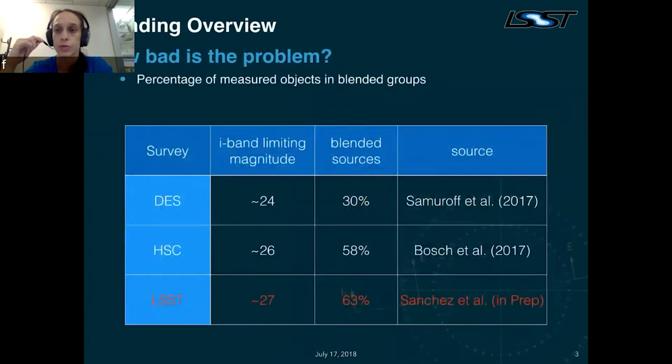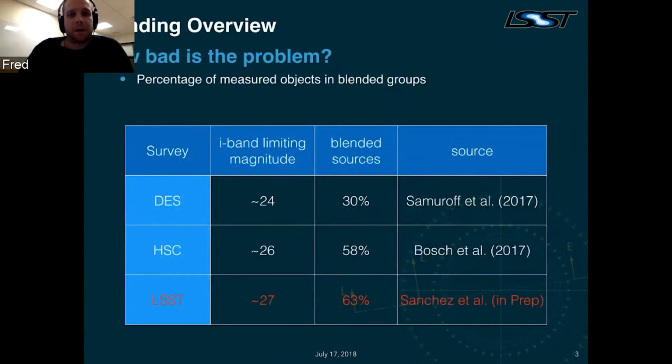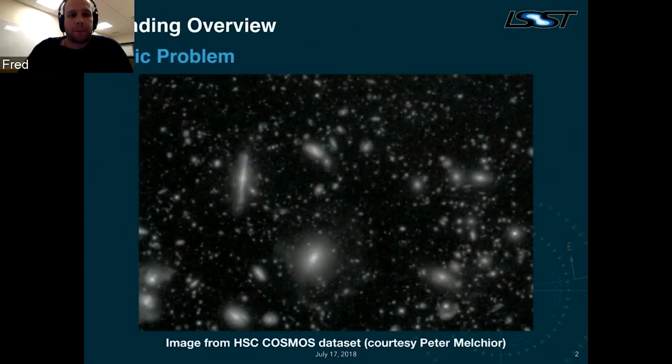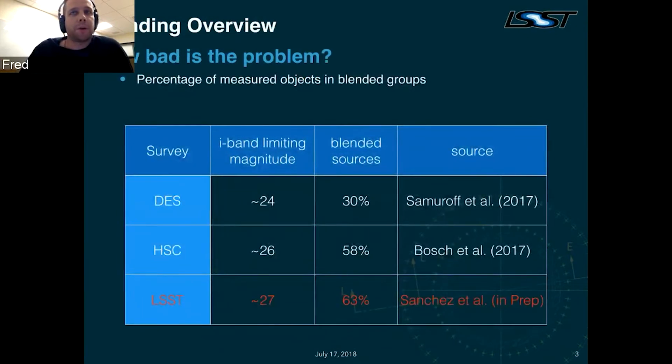Okay, so it's different depending on which paper you're looking at. I can't recall what DES's criteria was. I think in the HSC paper, they just looked at footprints. There's a certain threshold that they set for how large a footprint is allowed to grow.